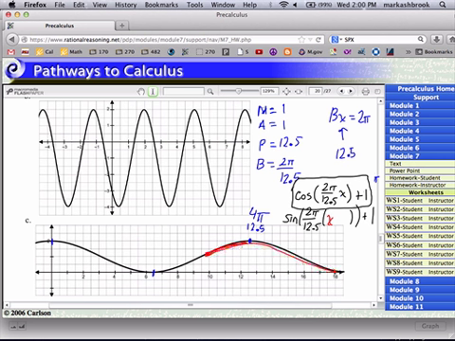So this would be one way to do it. We could base it on this right here. The actual sine does this. Ours does this. Ours is then ahead or behind? It's behind. How much behind? 9.5.